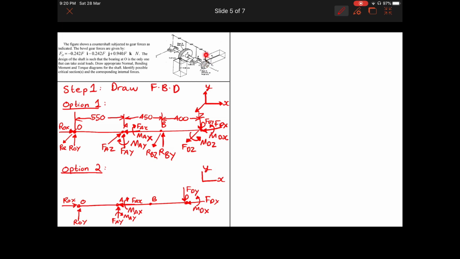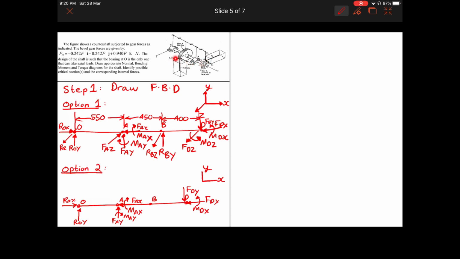Again, why we don't have moment about y-axis? This force is in line with the shaft. So what happens is we don't have a perpendicular distance away from the shaft. This is in the same line of the force. If you have a perpendicular distance from the force, then we can consider moment to occur in that location.